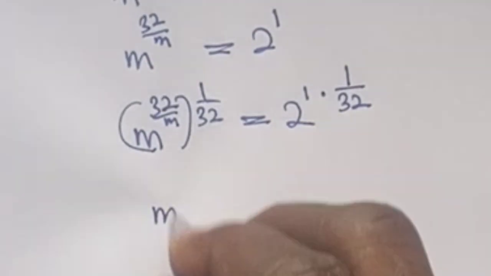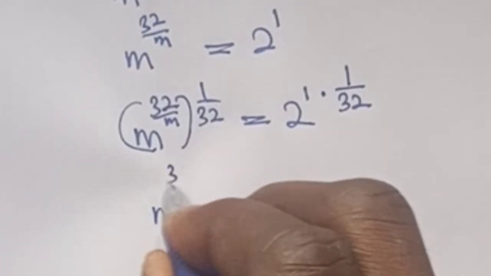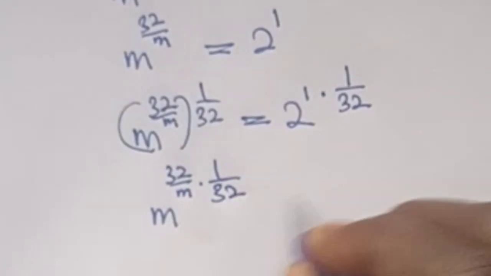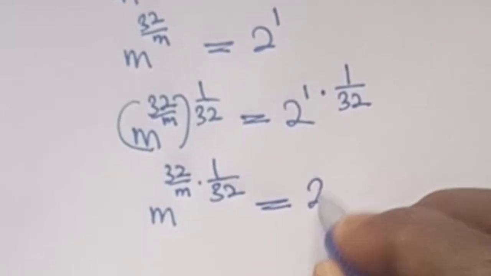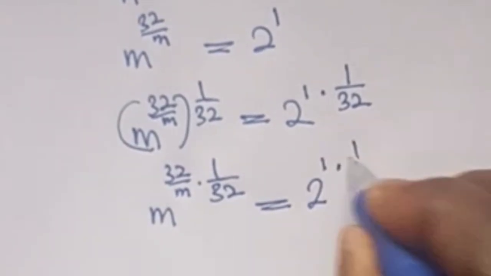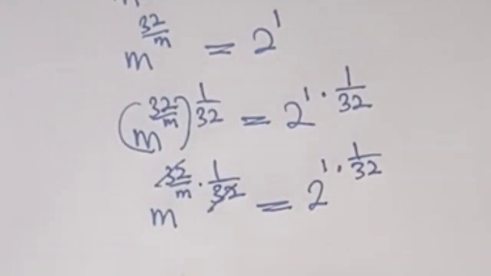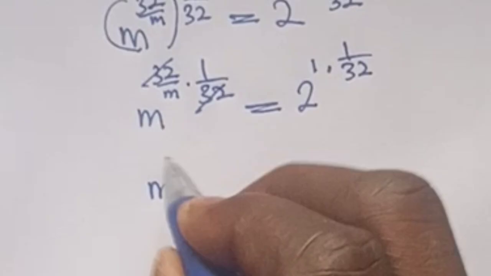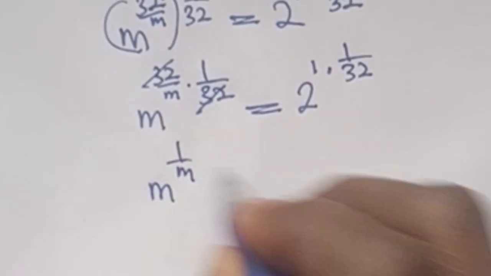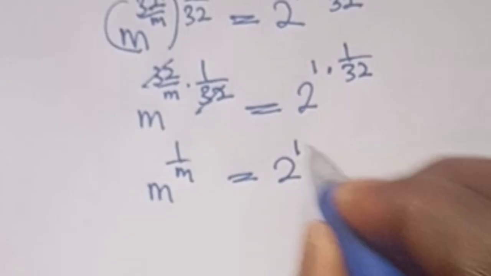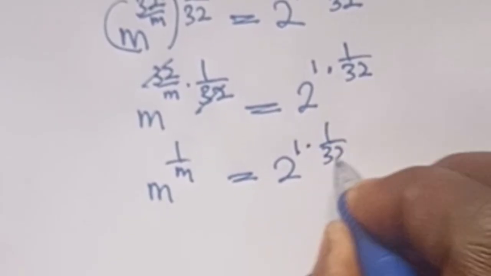And this can be written as m to the power of 32 over m times 1 over 32, which equals 2 to the power of 1 times 1 over 32. Here the 32 cancels out. What is left is m to the power of 1 over m equals 2 to the power of 1 times 1 over 32.